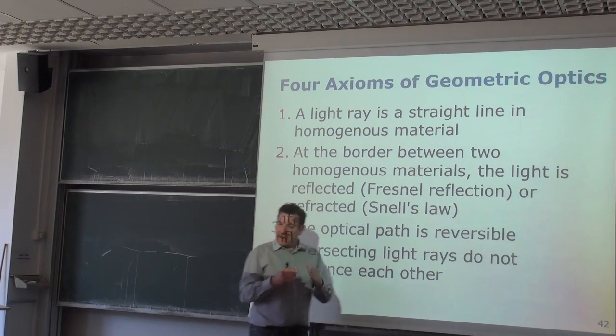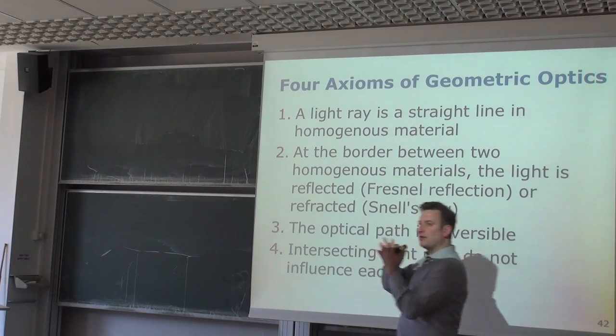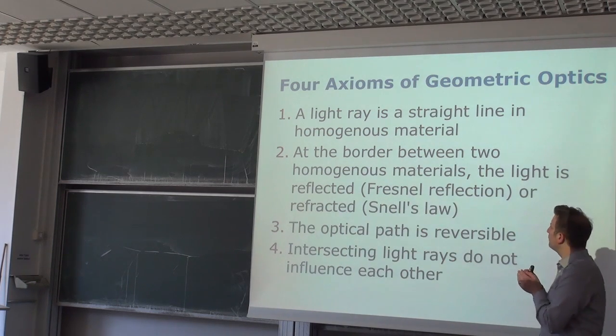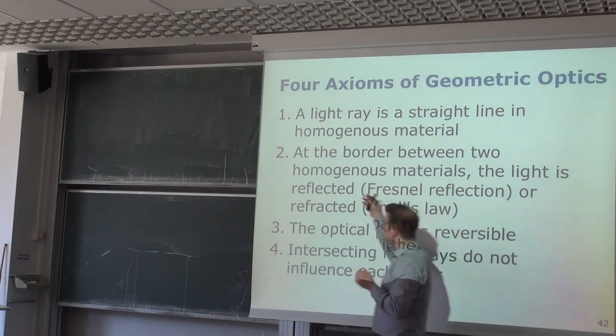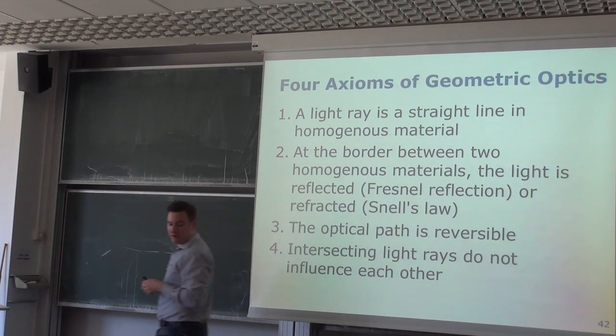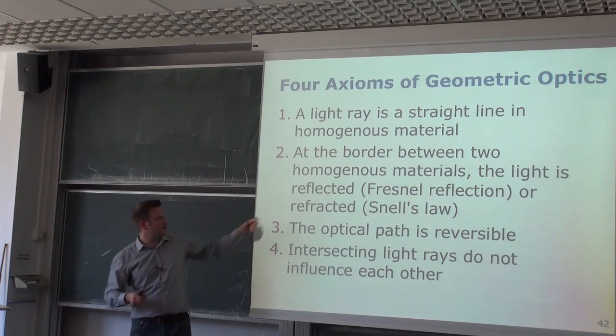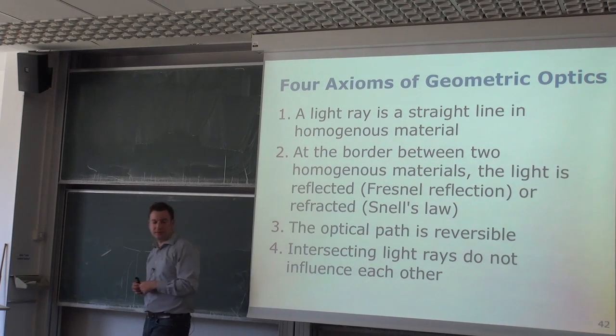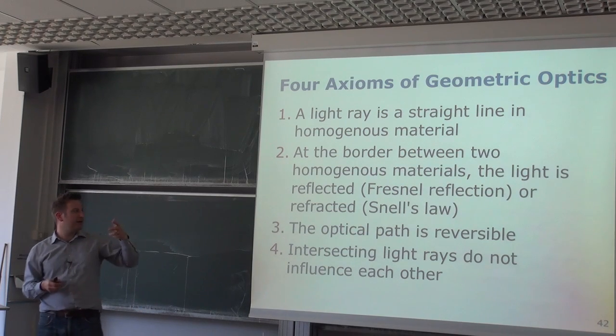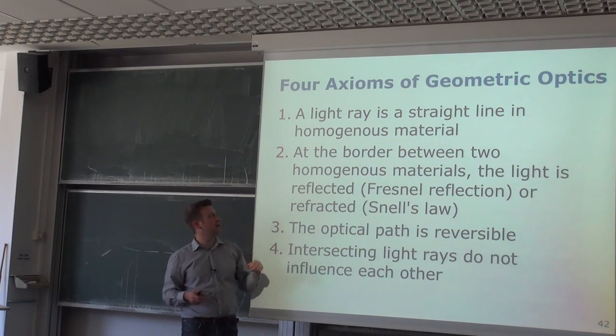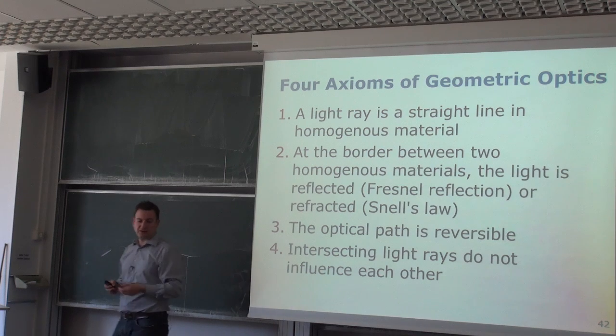Next, if we have 2 materials and the light travels through those 2 materials, at the border the light is either reflected, or parts of it are reflected and parts of it are refracted. Refraction is Brechung in German. Depending on the type of material, we have different refractions.